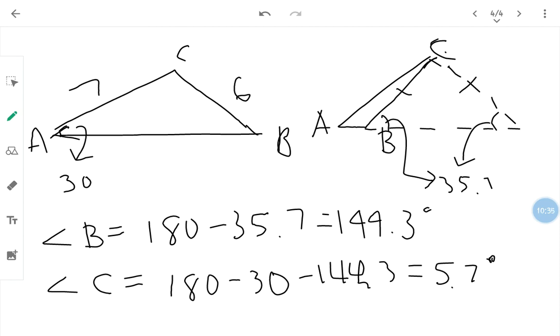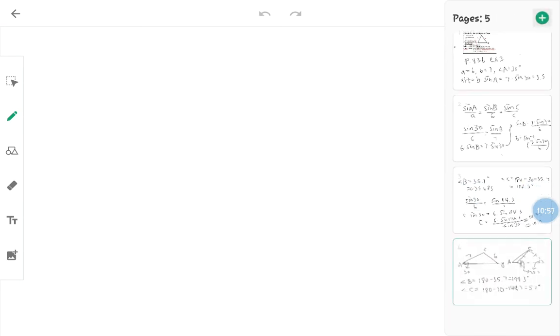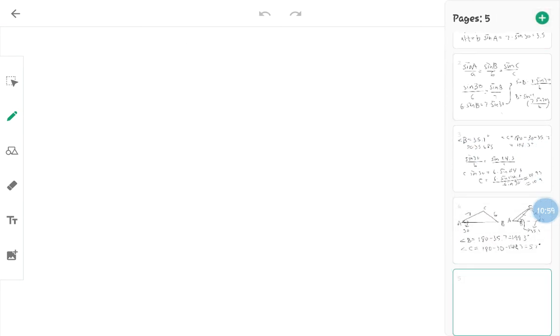Okay, so we always subtract the angle B from 180, especially if this situation happens that your angle A is given, your side B is given, and you already got your angle B. At this time, we're going to find the obtuse angle B. So let me keep finishing my obtuse triangle. So I already got my angle C this time, which was 5.7.